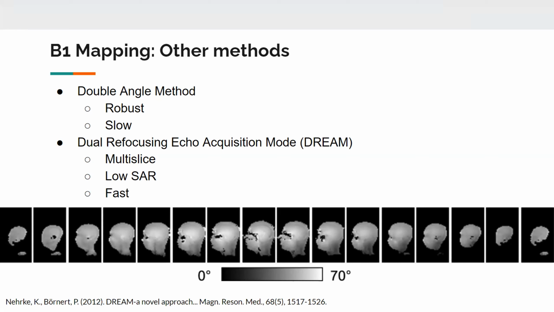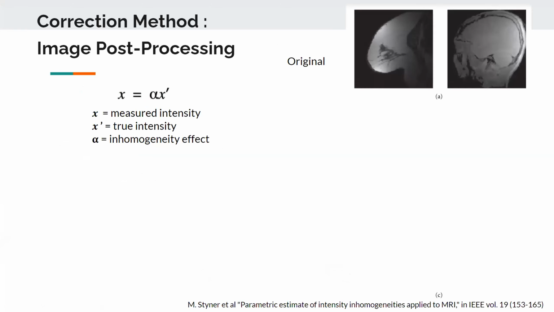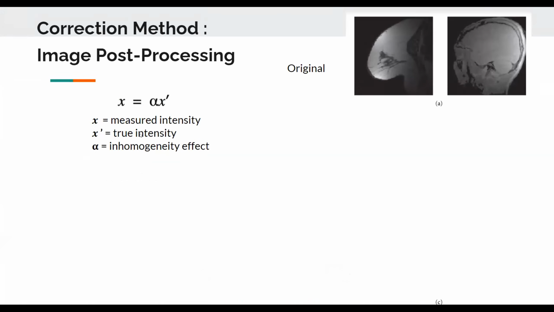So after we're able to acquire the B1 map, from there we move on to actually using it and applying it to correct the images that we have. I'll be going over 2 correction methods, and this first one is image post-processing. It's one of the simplest ways to deal with inhomogeneity, and it uses the maps that Cindy was talking about.